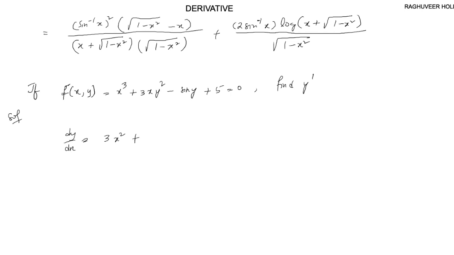dy by dx is equal to, this is 3x square plus, we have x and y term here, so this will be 3, okay, and (x times 2y dy by dx, okay, plus y square, differentiation of x is 1) into 1, right, minus, this is cos y, and this is dy by dx, and the constant which is 0, which is equal to 0, right.